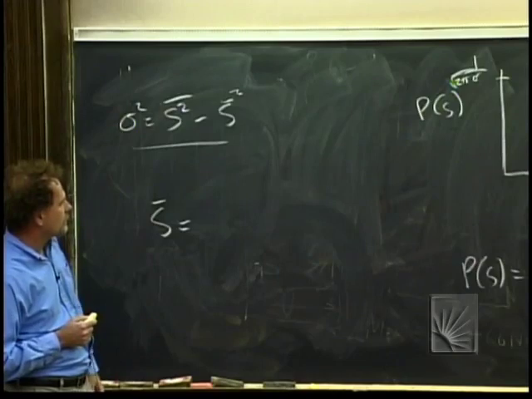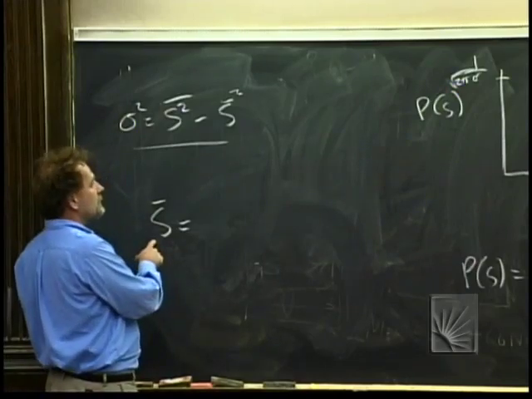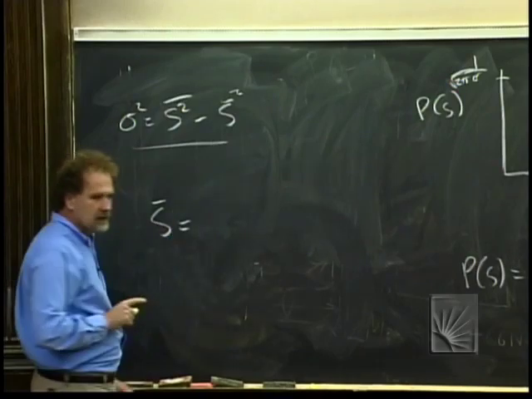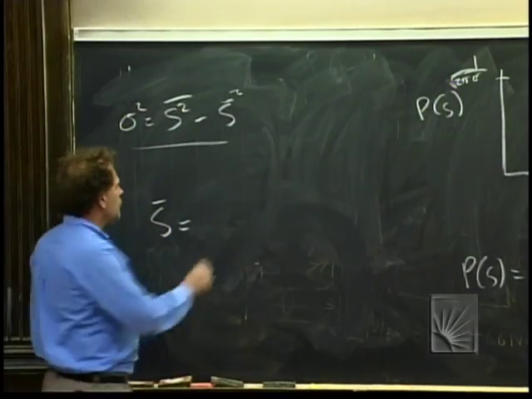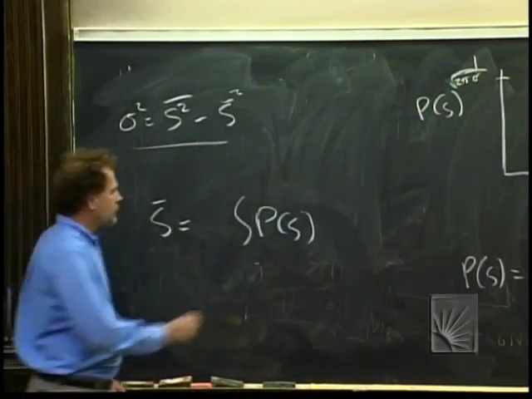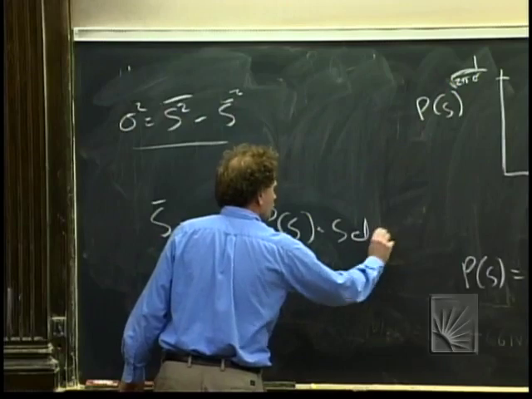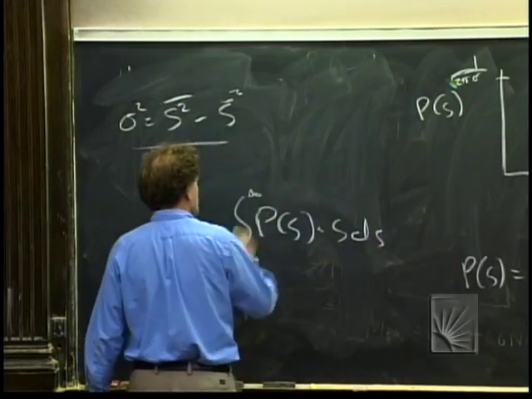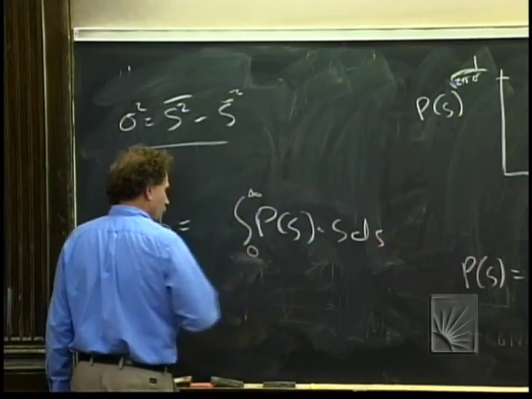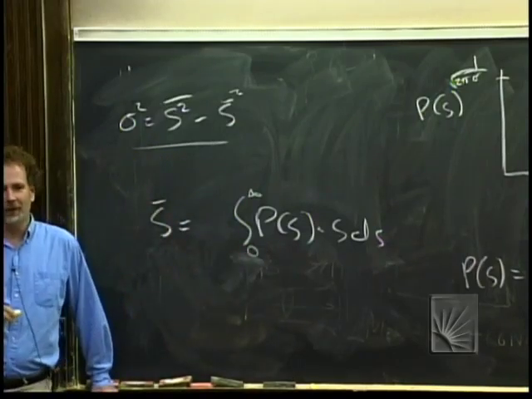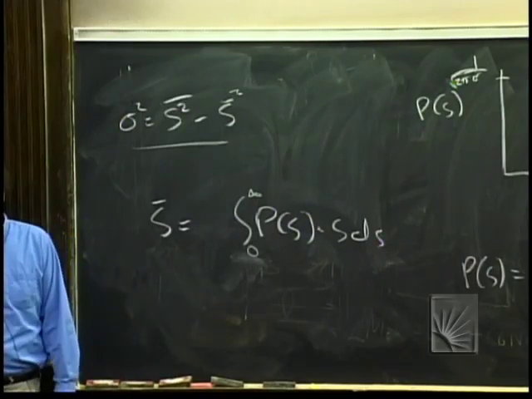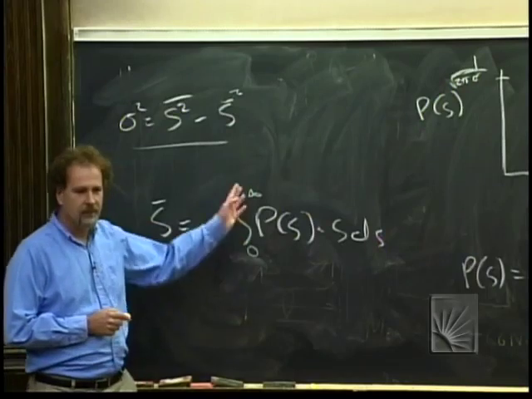The average of a value, if P of S is the probability of that value, is to take the probability distribution P of S, multiply it by S, and integrate over all S. Actually, since we're not punitive and we don't give you negative grades, the integral goes from 0 to infinity, or maybe from 0 to 75 on this exam, whatever the range is.